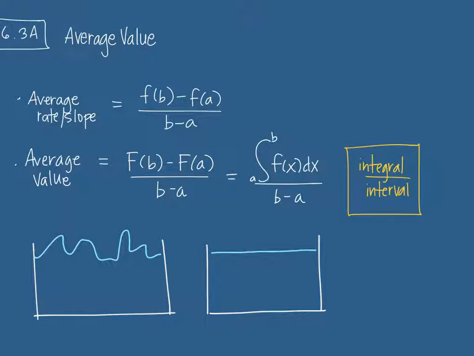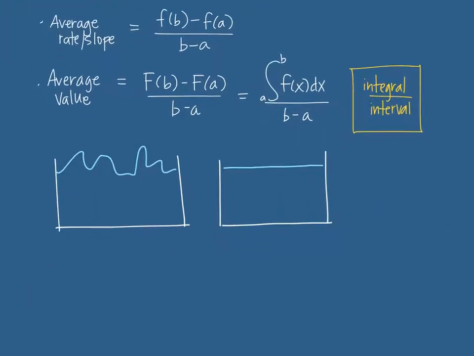So you take varying values and find their average value, and geometrically that's the settling or smoothing out of water. You could do it with sand, or really anything. That's the visual of what an average value does. The math is that it's integral over interval.